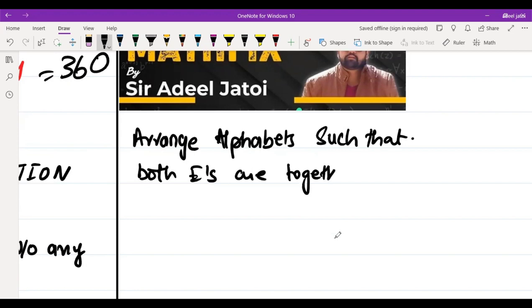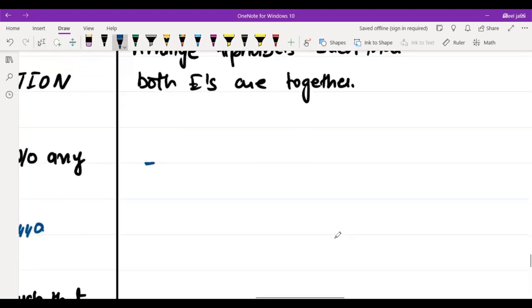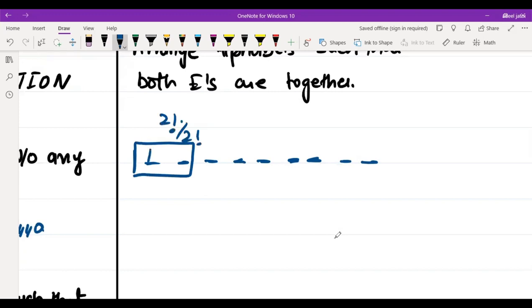Now, since both E's are together, we will have 1, 2, 3, 4, 5, 6, 7, 8, 9. Placing both E's together, this will give me 2 factorial upon 2 factorial, because of having 2 E's, and obviously we can eliminate the 2 E's as well.